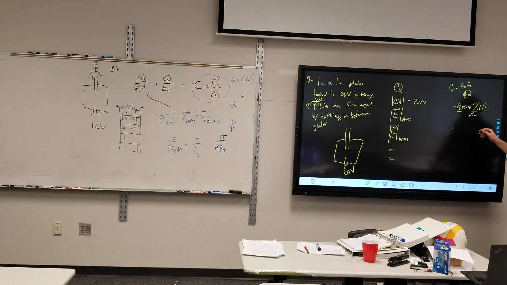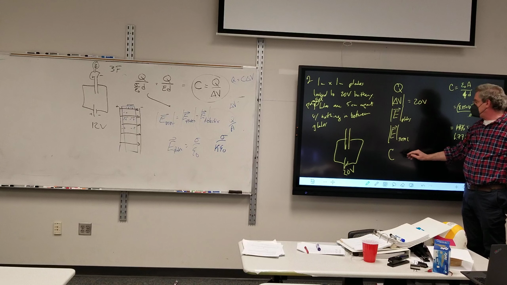I should have picked nicer numbers. I got 1.776 times 10 to the negative 10. Units? Farad.